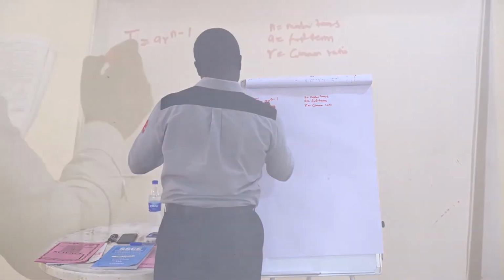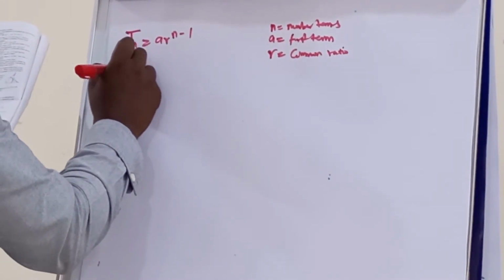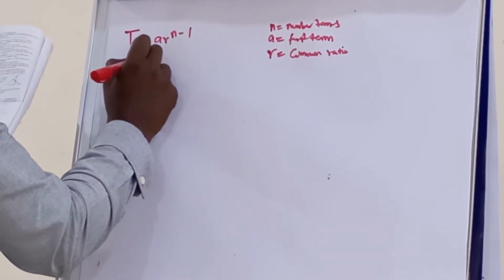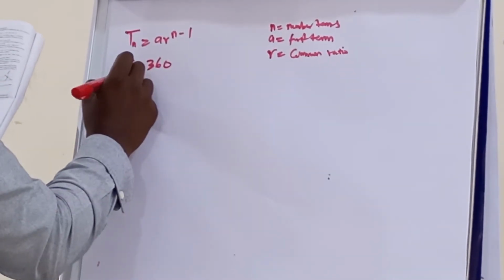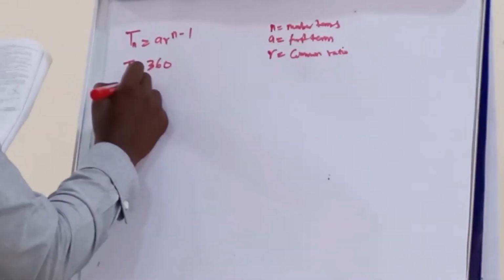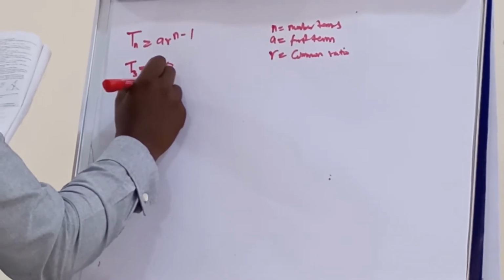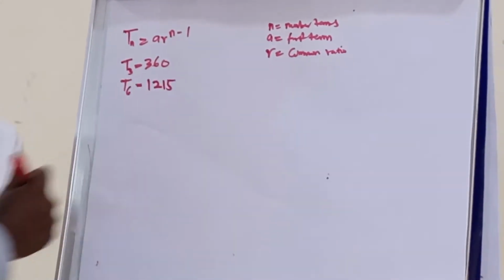So, they said the third term, that is T3, is equal to what? 360. And the sixth term, T6, is equal to what? 1215.